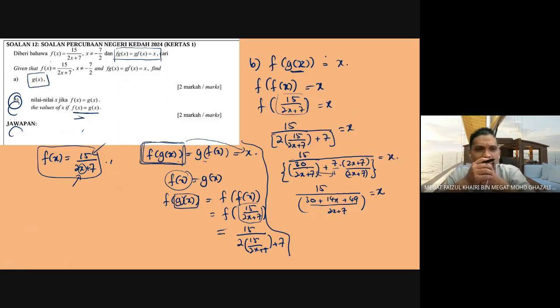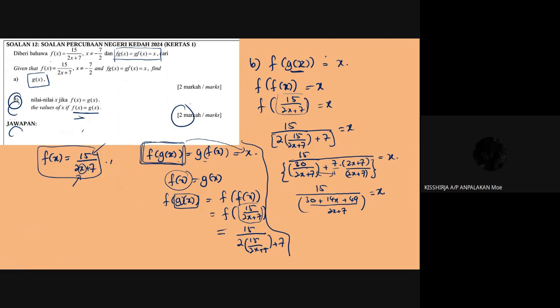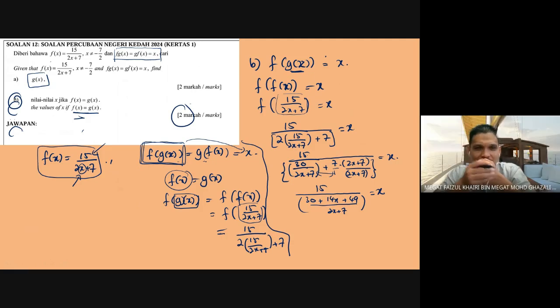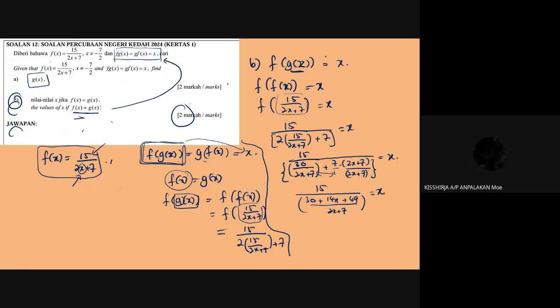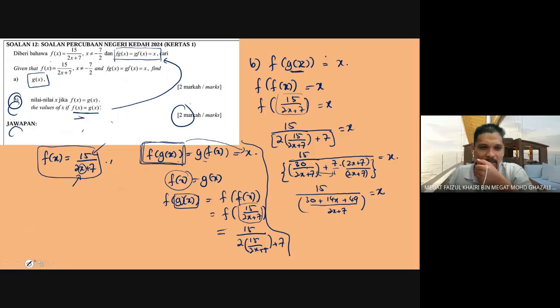Okay, wait. Find the value of x if f(x) equals g(x). I think I made a mistake in interpreting this question, because I'm still combining question B with the composite function above. I made a mistake here.